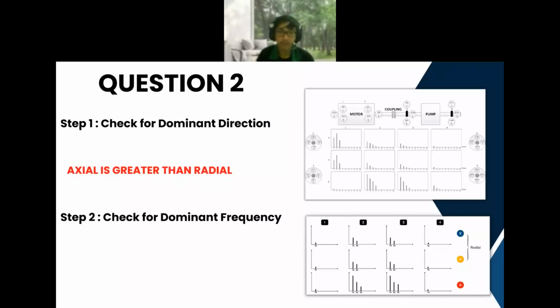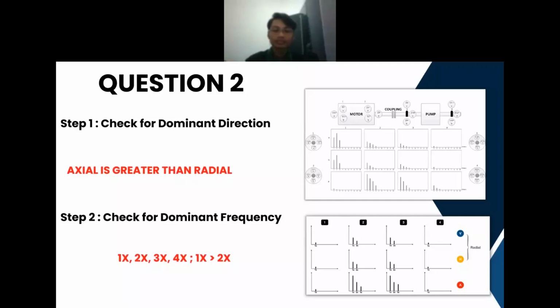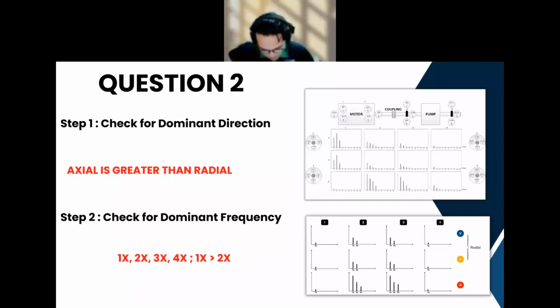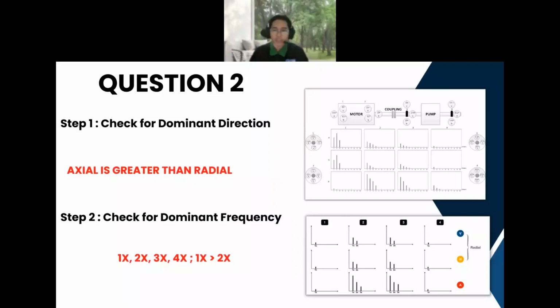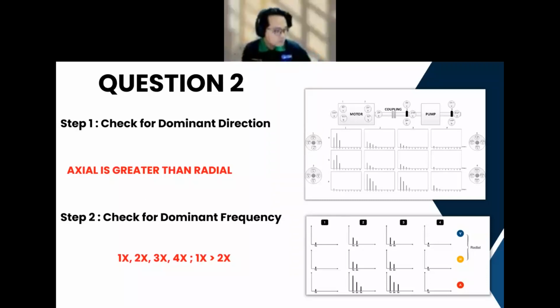We can try to assume that it's maybe angular misalignment, right? Yes, maybe it can be. So we can neglect the others, top bearing and bent shaft. But we have to check the others to make sure that our diagnosis for this diagram is correct.